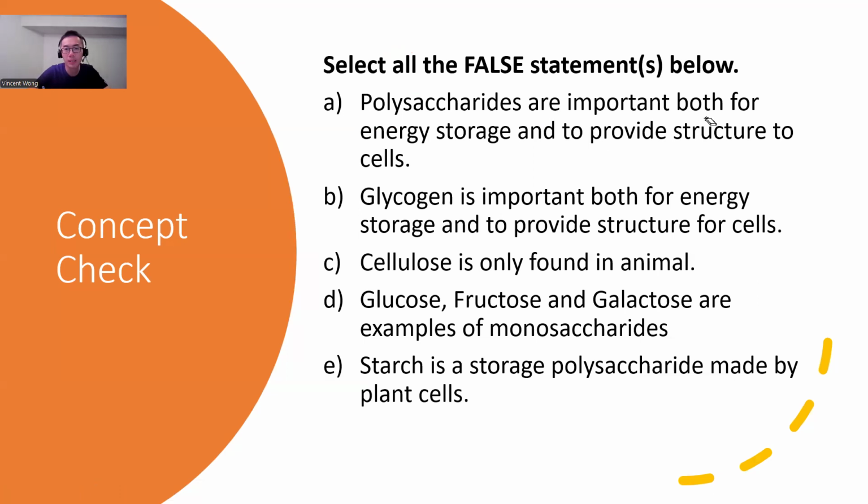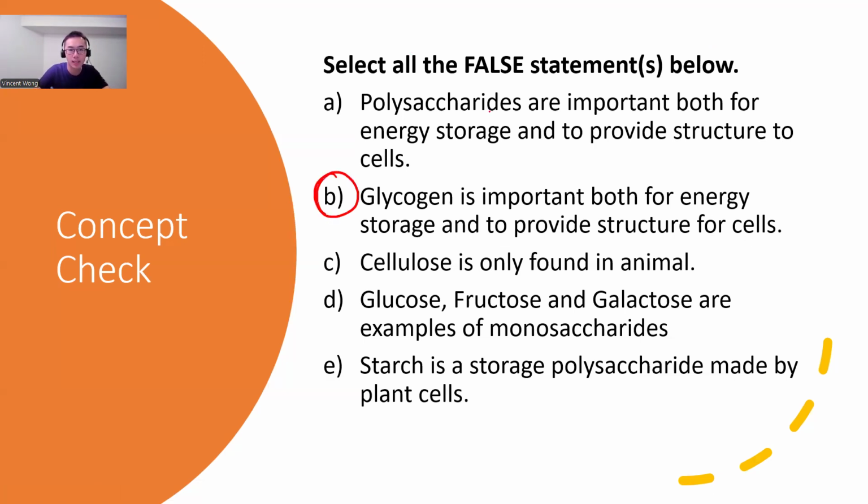Polysaccharides are important both for energy storage and to provide structure to cells. That's correct. Okay, we're looking for the false one, so we should not be choosing this one, right? Energy storage in plants and animals, structure for plants and in some animals as well. Glycogen is important both for energy storage and to provide structure for cells.